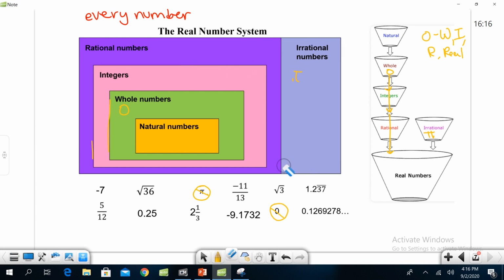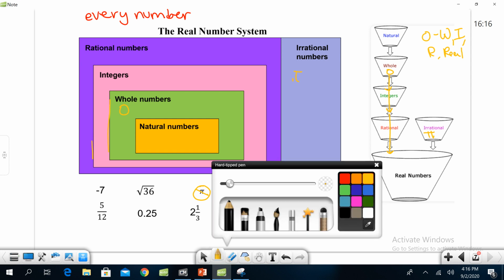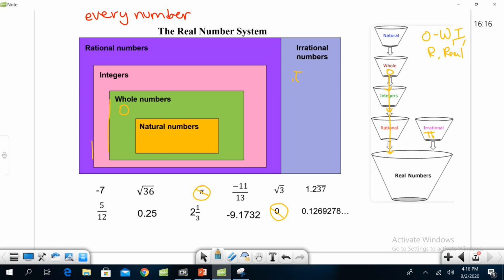All right, so let's try another one. Let's try -7. So -7 is not something I teach a baby. -7 is not on my counting fingers and going forward. So -7 is not natural.